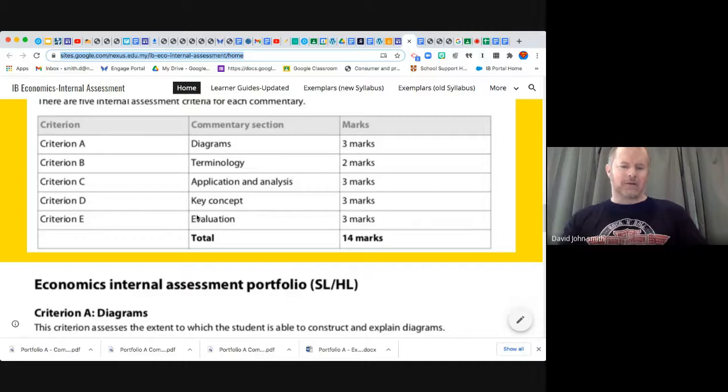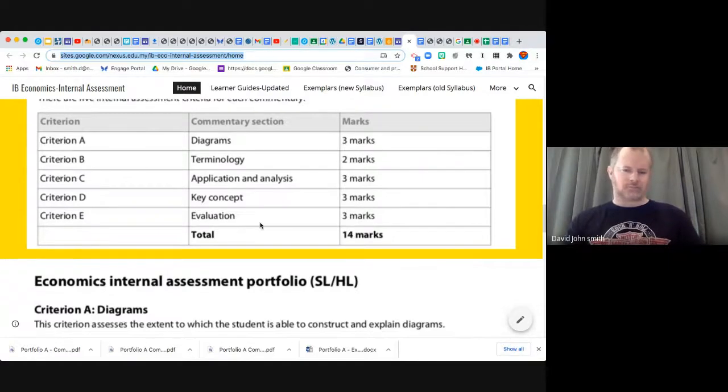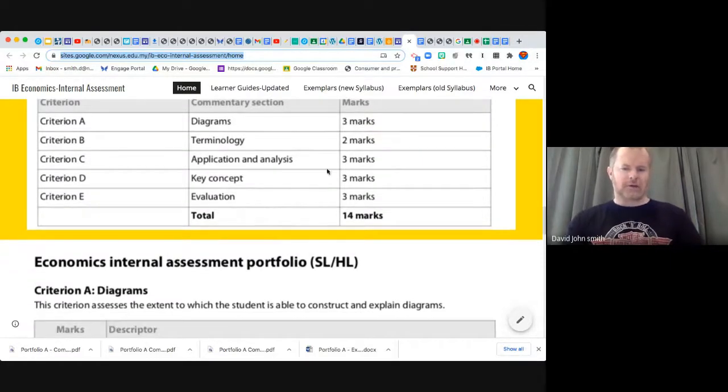It does take a little bit away from the weighting of the evaluation, but it's still 3 marks, and your diagrams as well. If you add together your application, your key concept, and your evaluation skill, that's 6 out of the 14. So that's nearly half of all of your marks on these 3 criteria.